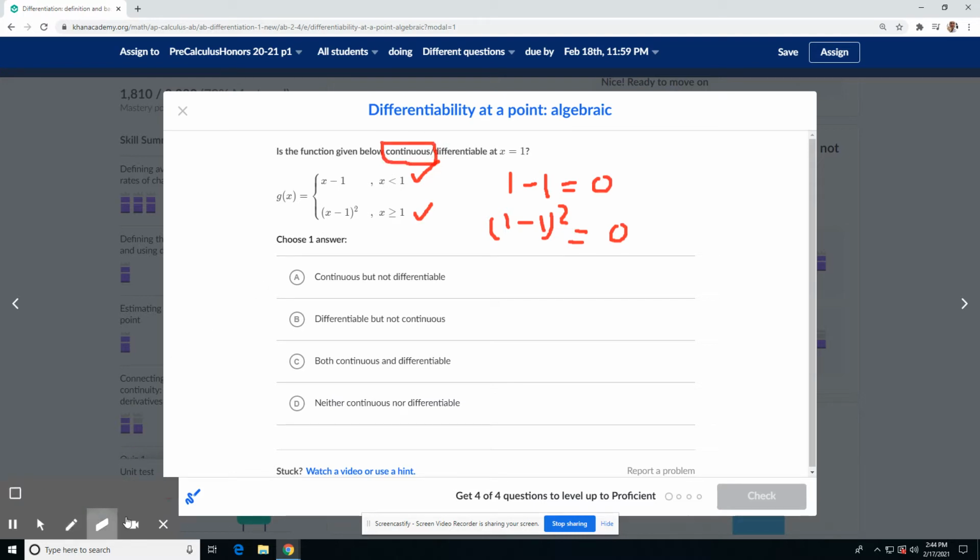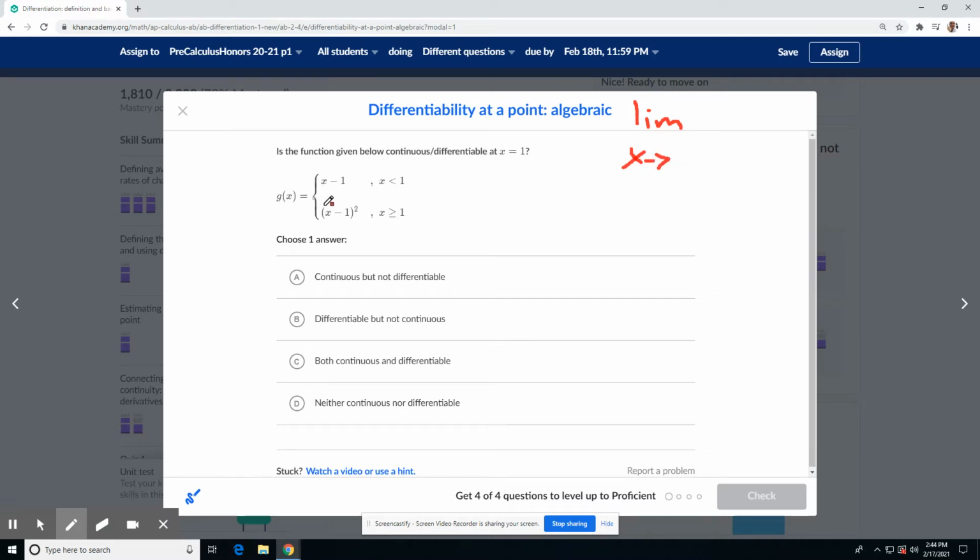And then differentiable is a little bit more tricky. For differentiable, we need to use the limit definition. We're going to a number. So the limit definition is the limit as x goes to t, we'll just put the generalized form, of g sub x minus g sub t, all over x minus t.